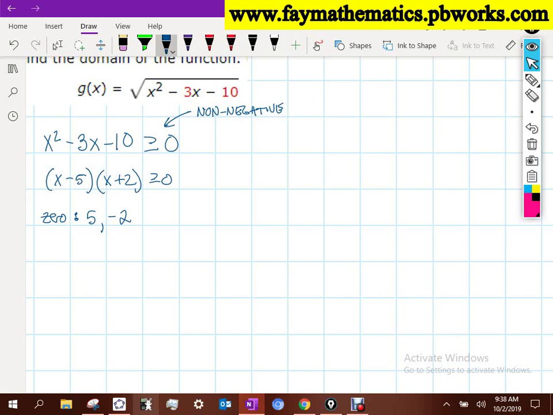We want the left-hand side to turn into a positive number, right? We want to choose x values that will generate positive numbers on the left-hand side of this inequality. Well, if I plug in 5 or negative 2, doesn't that generate 0?